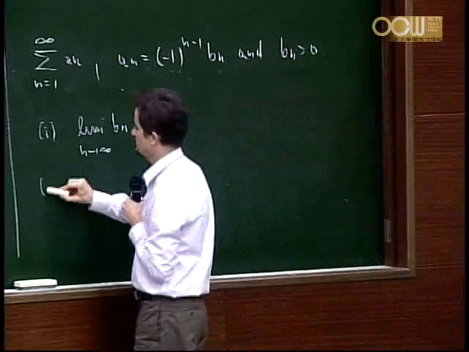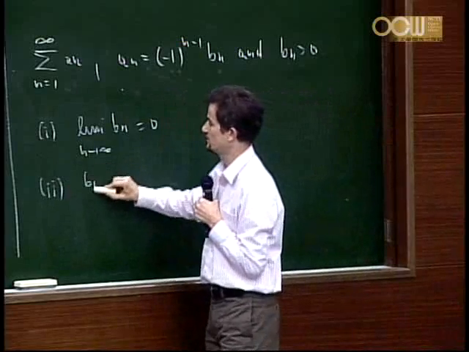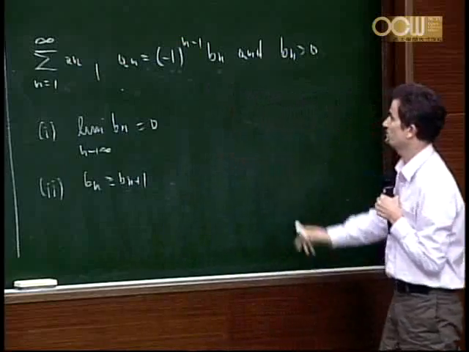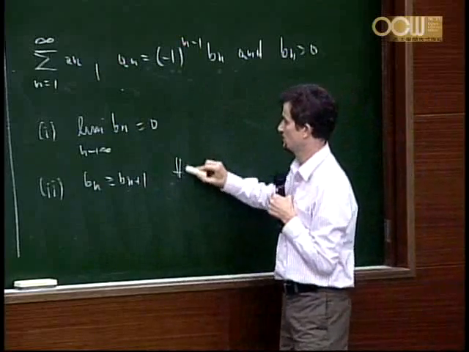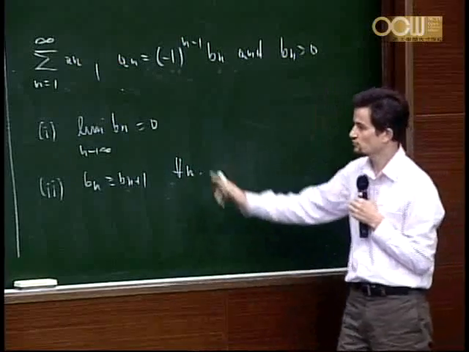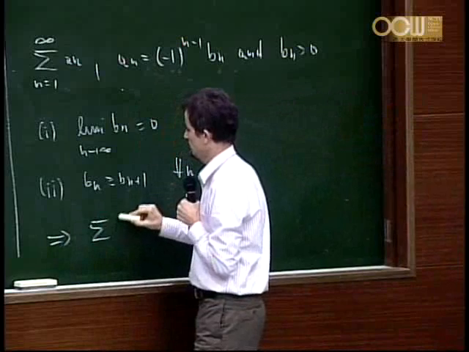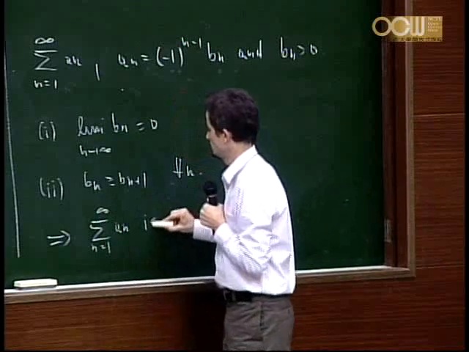And this simple test tells you one more condition, which is easy to verify, namely that bn is larger or equal than bn plus 1. So the sequence of bn is non-increasing for all n. If you have those two conditions, then the series over the an is convergent.